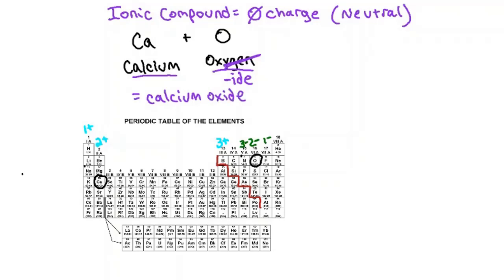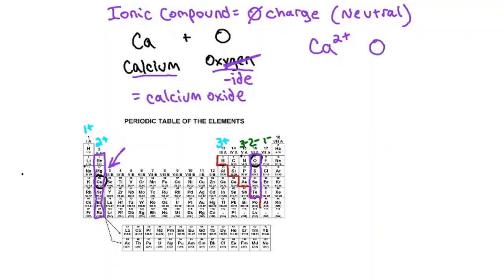Now, how are we going to write this as a formula? We got calcium, and if you look at calcium down here in the periodic table, that is in the +2 column. So calcium is going to have a +2 charge. And then we're going to look at the oxygen, which is in the -2 column over here in the nonmetals.